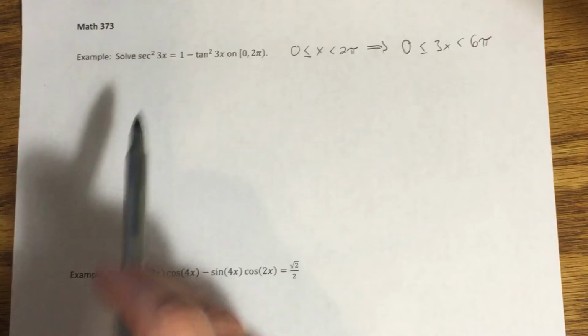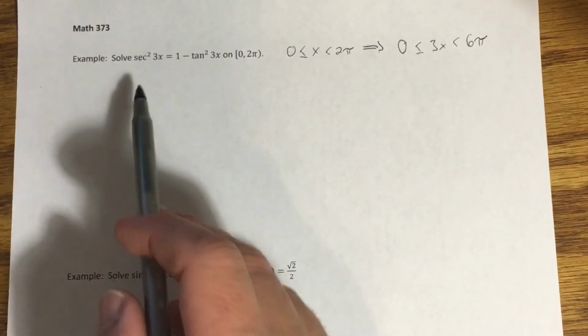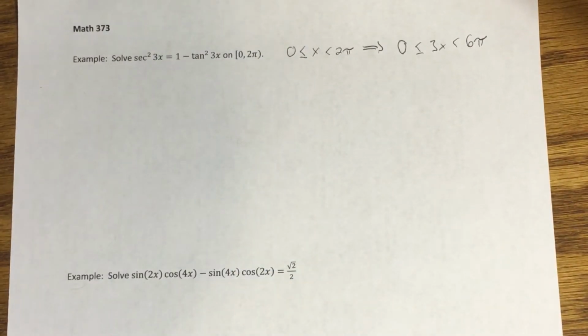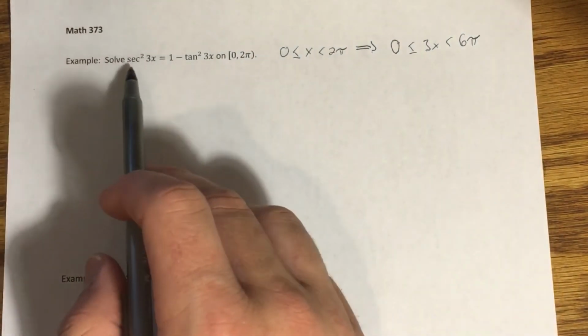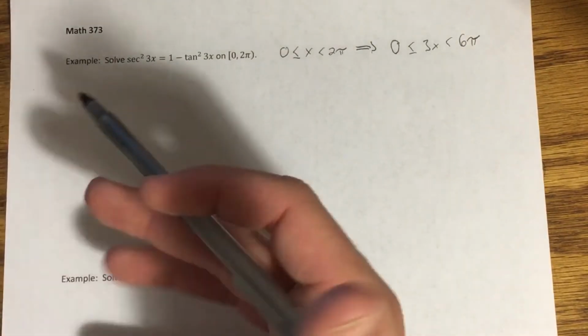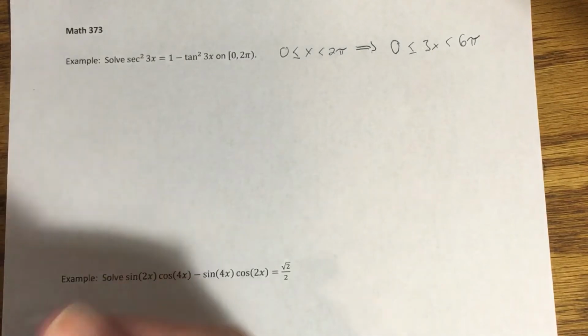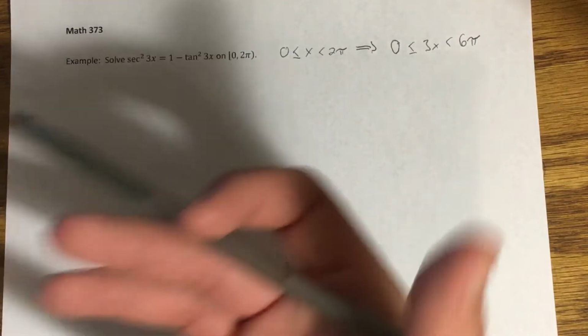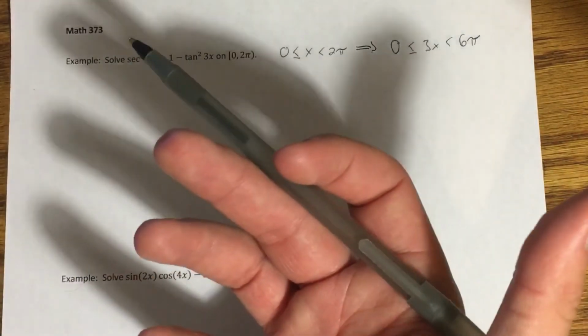Next thing I want to do is take this equation and see if I can figure out a way to get everything in terms of just 1 trigonometric function instead of 2. One thing you might recall is that your Pythagorean identity took on a couple of different forms. We had the most familiar one, cosine squared of x plus sine squared of x equals 1.